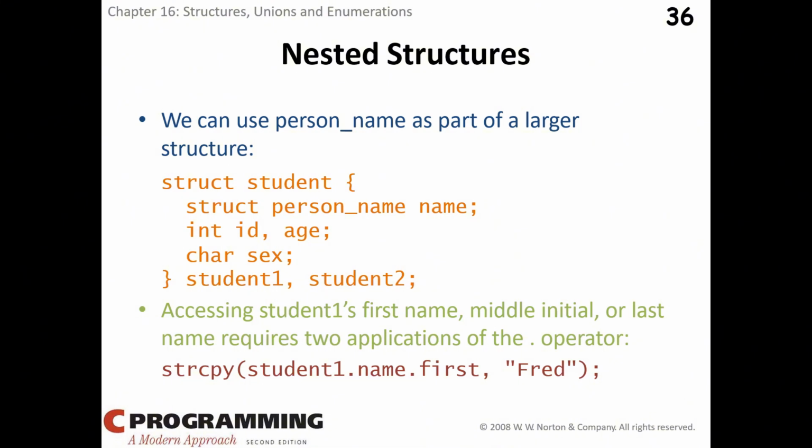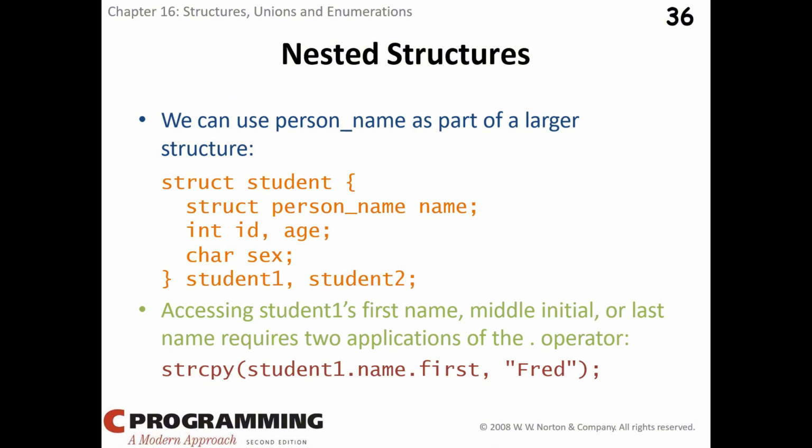And we can use the person name structure as part of the student structure. So in this student structure, the name member is of type struct person_name, which means it contains all the members defined in the person name structure, and additionally we have members for ID, age, and sex to store information specific to the student.